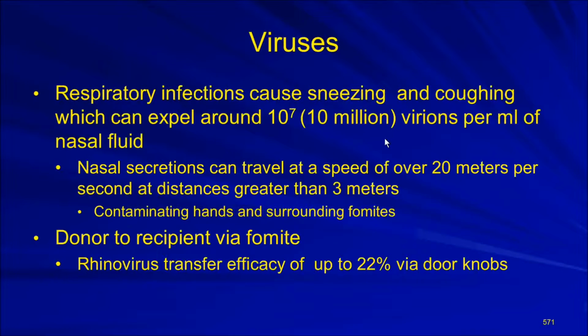Then a second person came by and touched the same doorknob, and when they sampled his hand after he touched the doorknob, 22% of the viruses on the first person's hand ended up on the hand of the second person. So think about how many viruses you're picking up just by touching objects as you go around your daily routine.